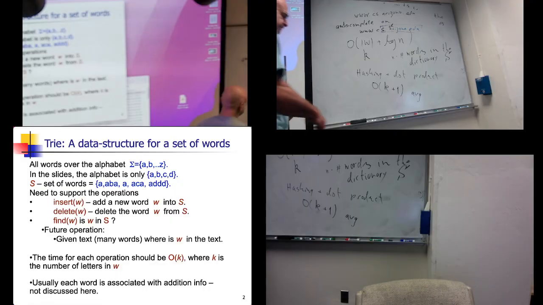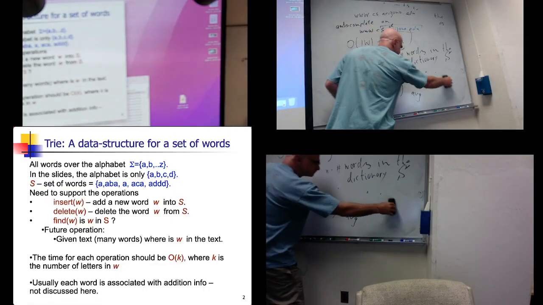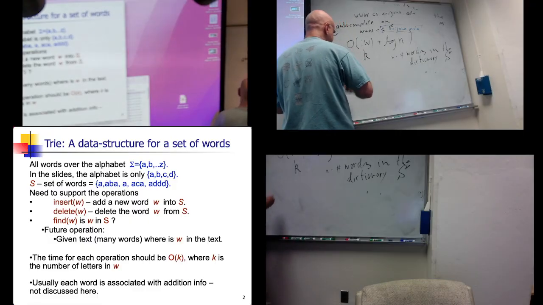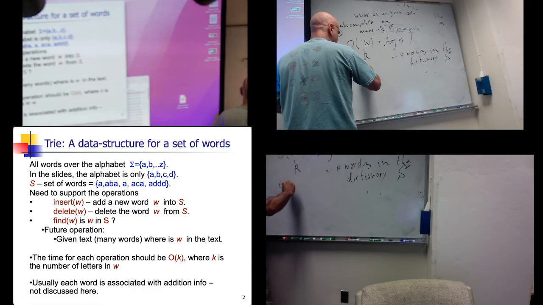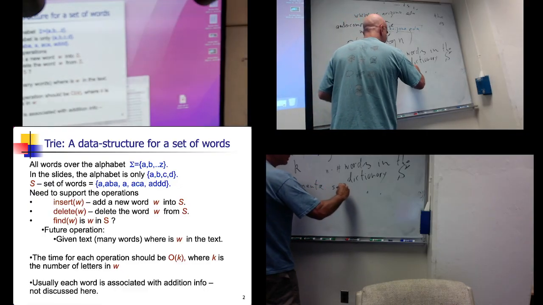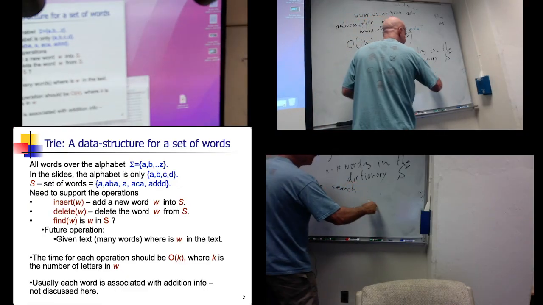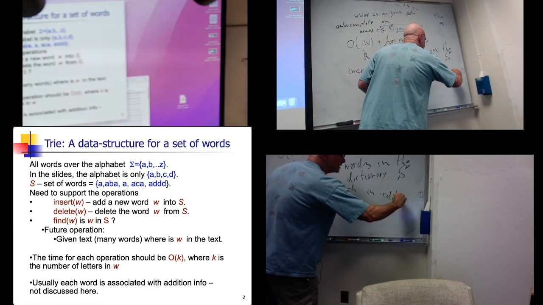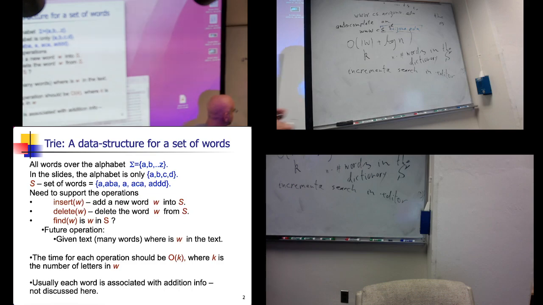Another similar application is incremental search in an editor. What is incremental search?